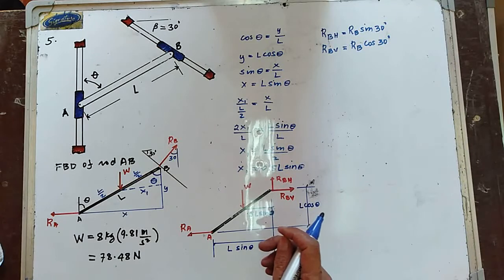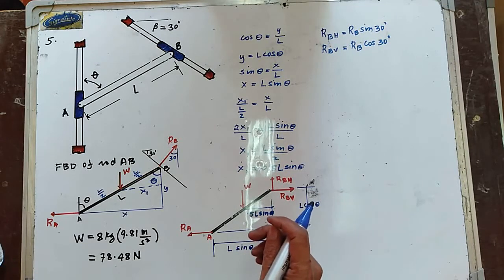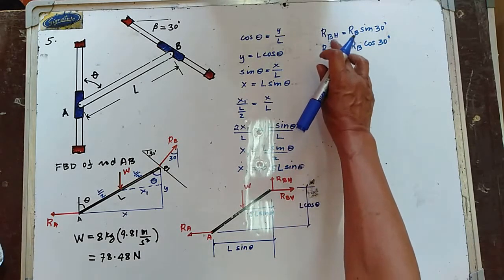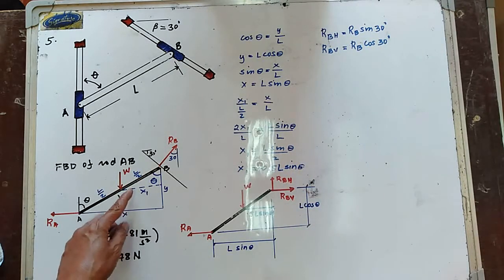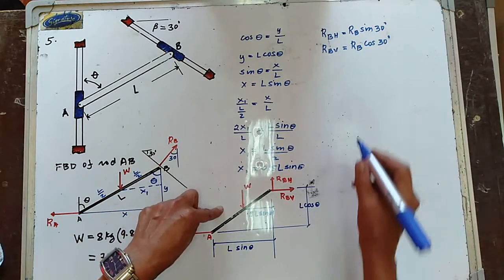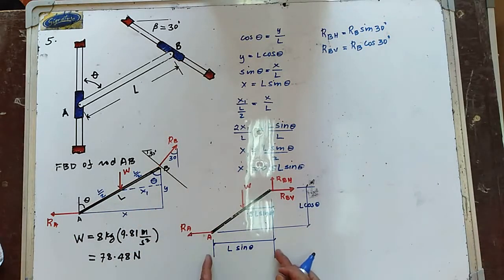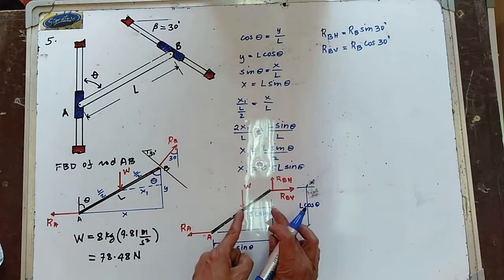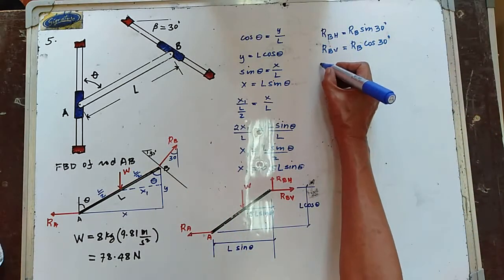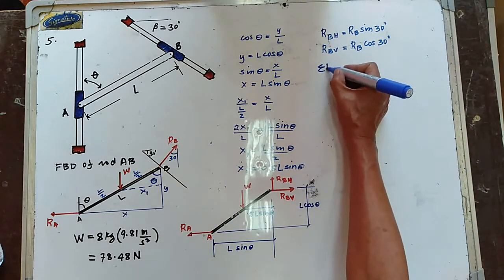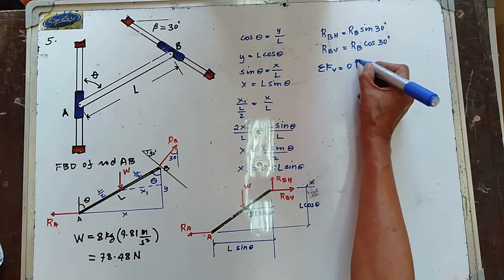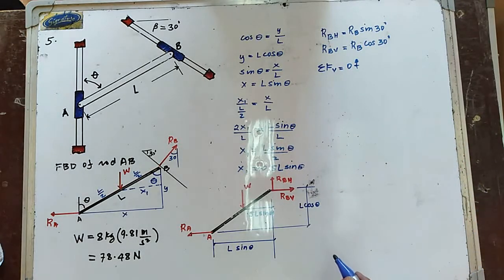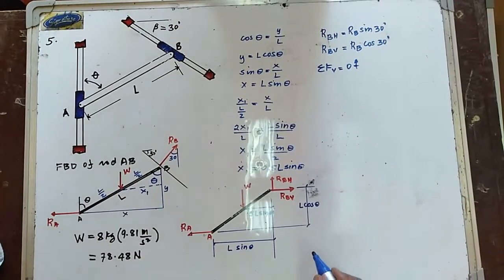Knowing now your RB horizontal and RB vertical, from this diagram in here, this is your x, this is your y, and this is your x1. So if you take summation of forces vertical equal to 0, upward forces positive.